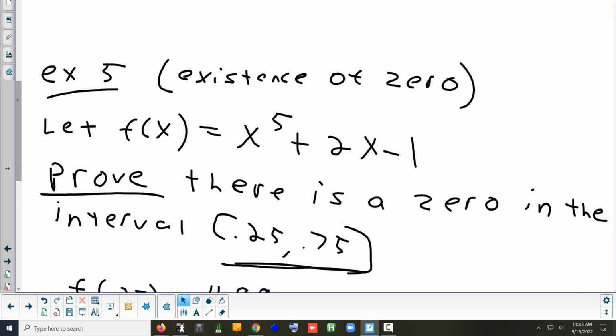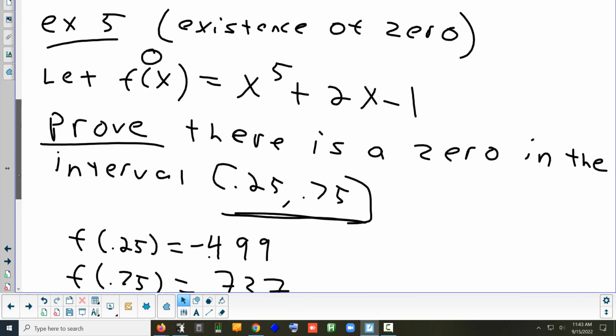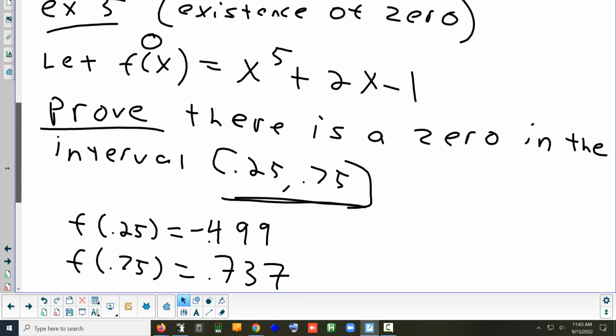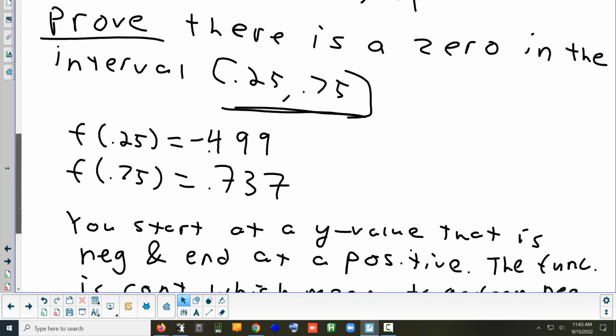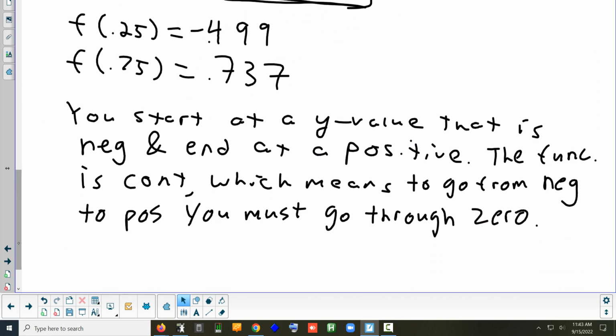But if you could put a 0 in here and solve that algebraically, absolutely, that would prove it as well. But I have no idea how you solve that. Quadratic I would know how to do, but not that. So that's all they were looking for.